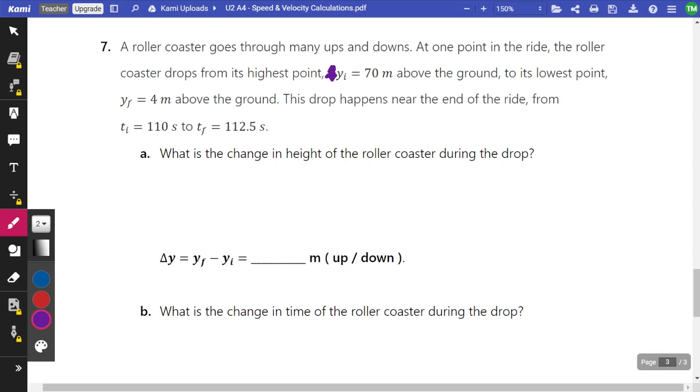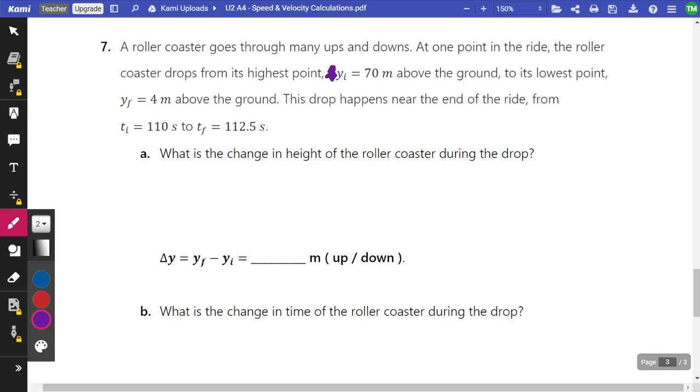It's the initial height. We usually use y to talk about the vertical distance, like on the axis of a graph that goes vertical. So our coaster starts 70 meters above the ground, and then it drops down to about 4 meters, which we're calling our yf, our final height above the ground. Our final vertical distance.